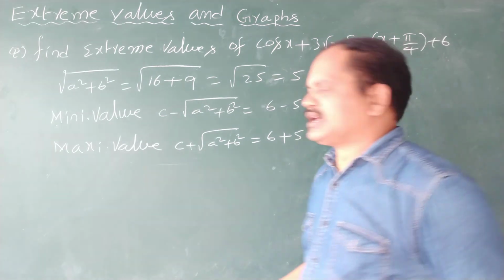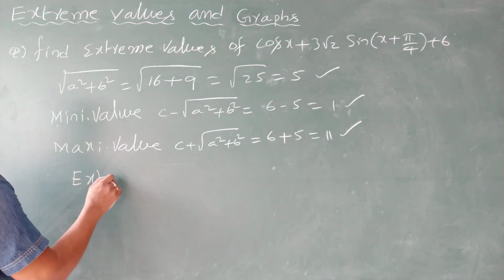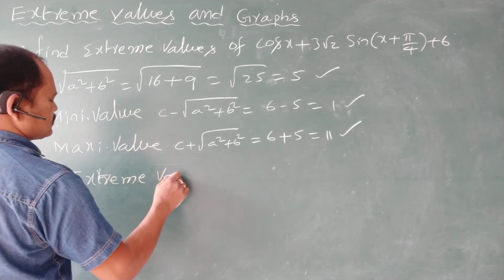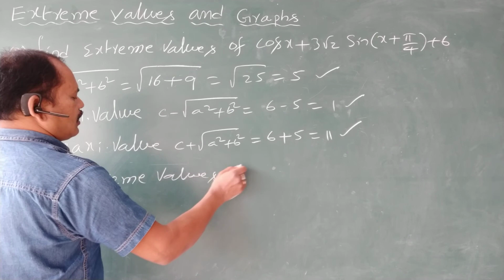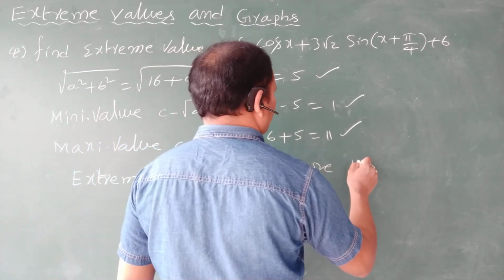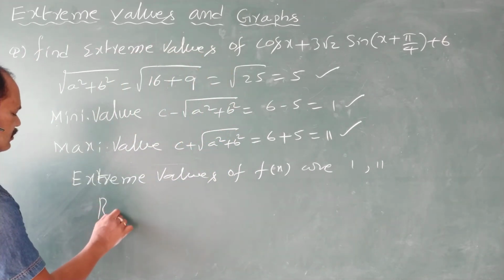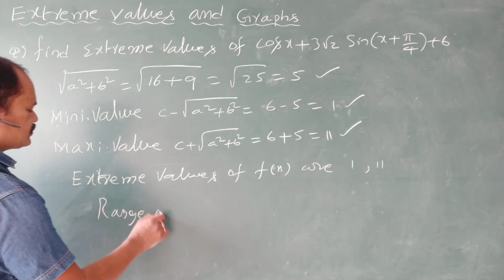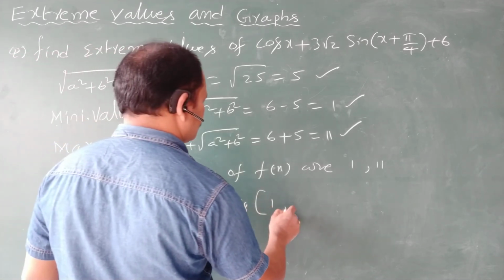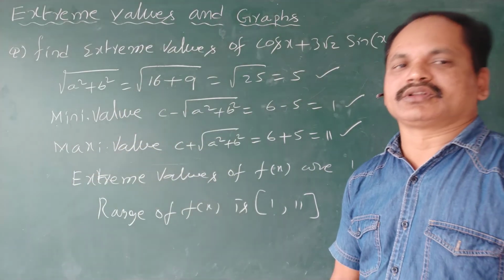So the extreme values of f of x are 1 and 11. So the range of f of x is the closed interval from 1 to 11. That's all. This is the solution for this question.